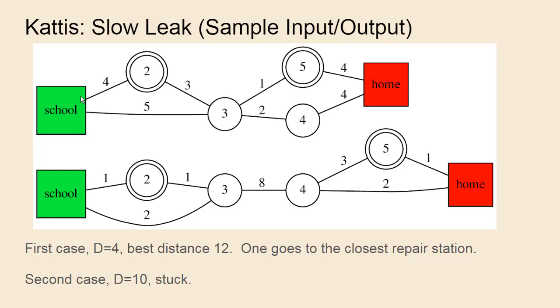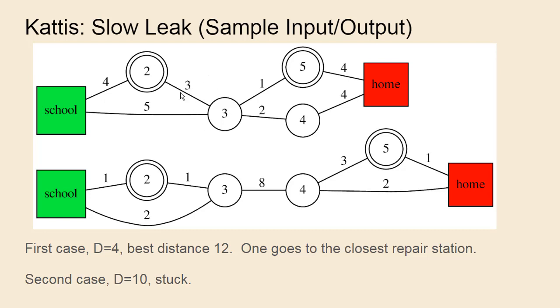The idea is we try to find the best state when we reach each of the nodes. In this case, the total distance we have traveled from the school is not the only parameter. The other parameter is how much air we have.